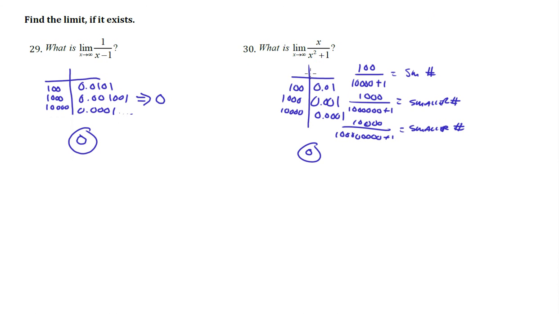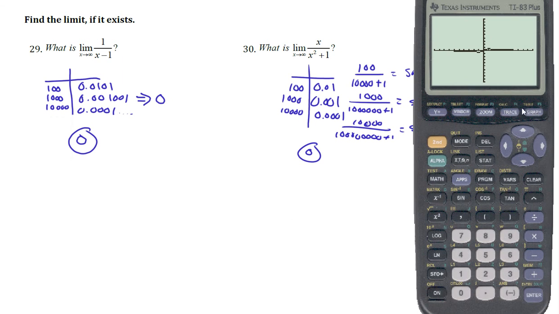Okay, I know these get a little weird and a little tricky, but you can see these on your graphing calculator. In fact, we could even zoom in to see what's going on. Oops, if we do zoom box, that might help us really figure out what we want to see. There's our cursor. Okay, so we're going to move that over here. We really want to see what's happening as x is getting closer and closer to, oh wait, oh no, sorry, as it's getting towards infinity, this zoom box isn't going to help us at all.